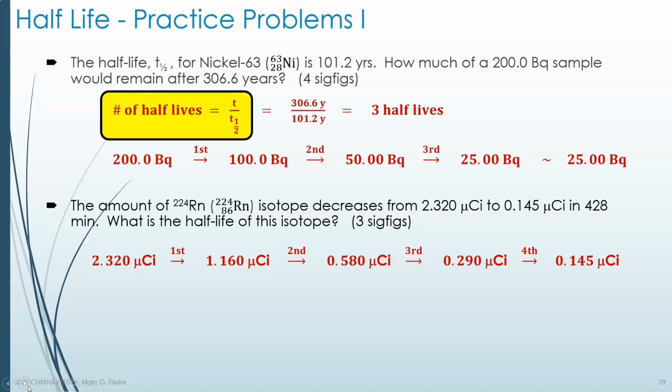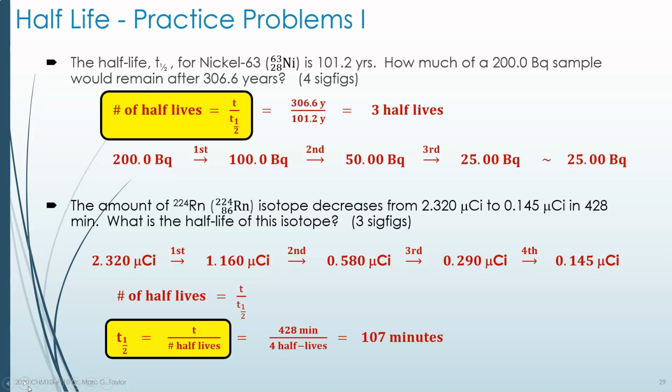I've halved it 4 times, 4 half-lives. Well, if 4 half-lives is 428 minutes, I just take the time, 428 minutes, well, I know that the number of half-lives is the time divided by the time of the half-life, and I can rearrange that.